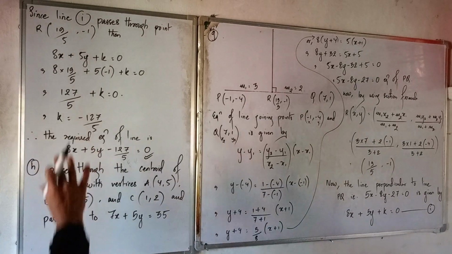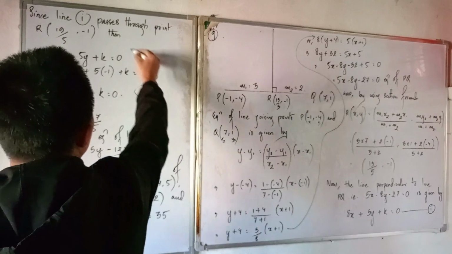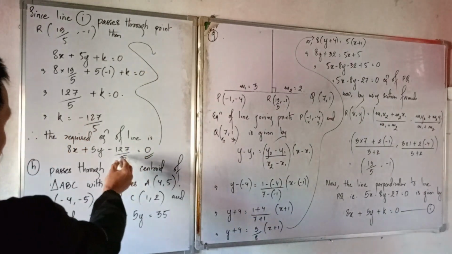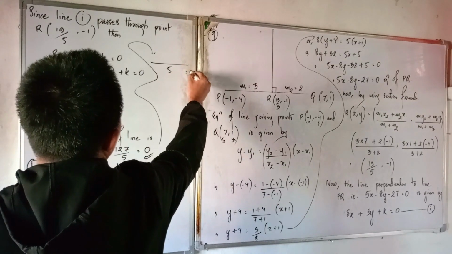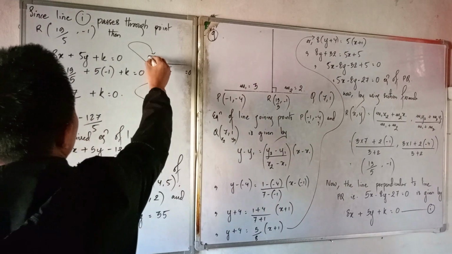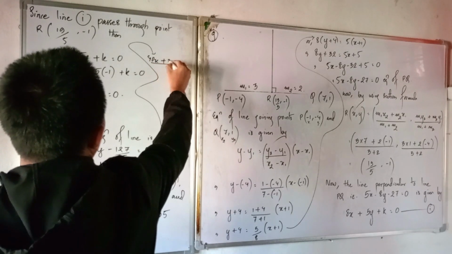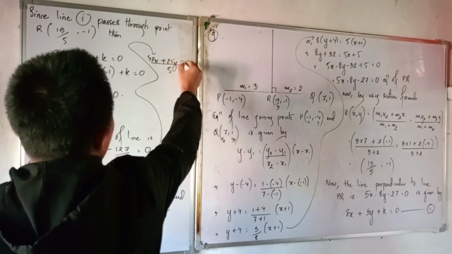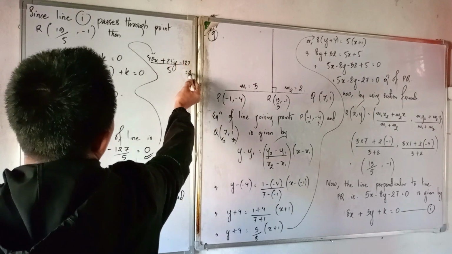If you want to make the answer of the book, just take the LCM 5. If you take the LCM 5 here, 5 times 8 is 40x, plus 5 times 5 is 25y, minus 127 equals to 0. This 5 will vanish with the 0.